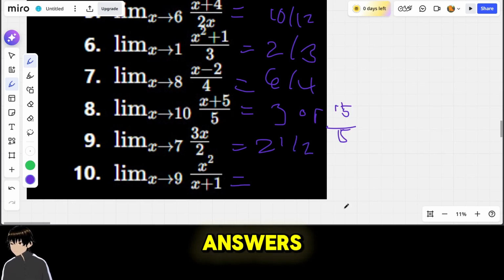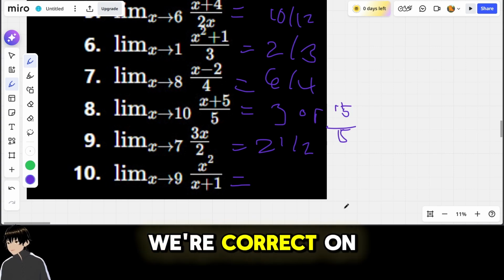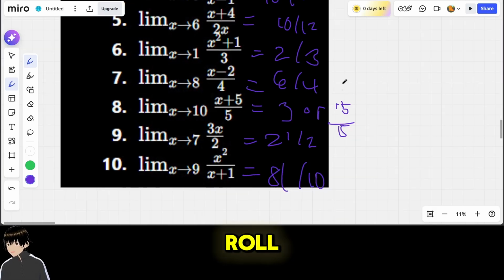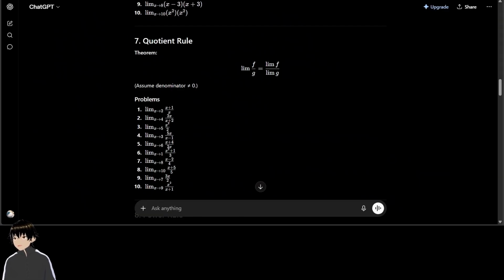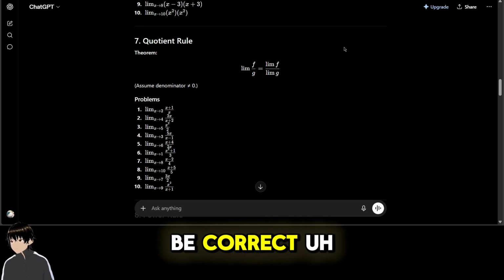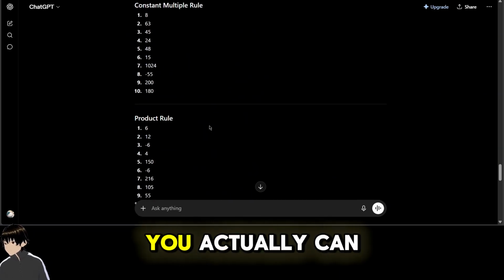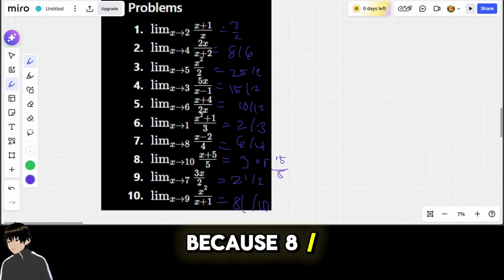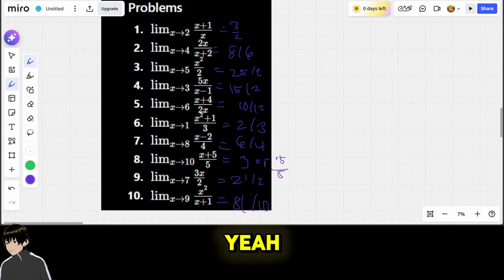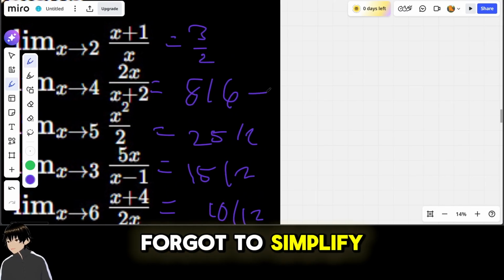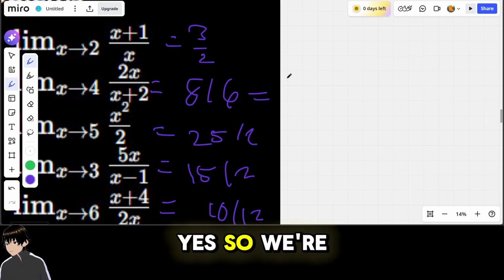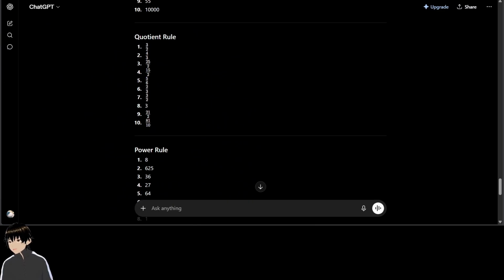Let's check the answers. Let's check if we're correct on the quotient rule. And we would be correct. You can actually simplify this by 2 as well, because 8 divided by 2 is going to be 4. I just forgot to simplify. So we're correct.